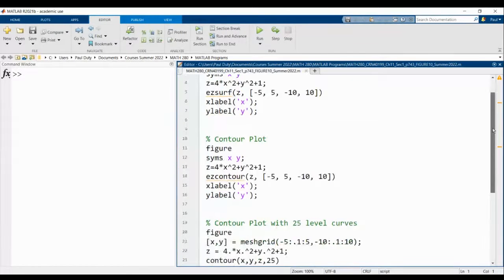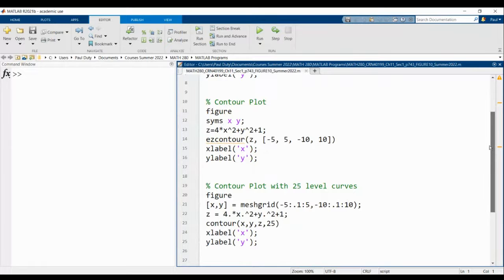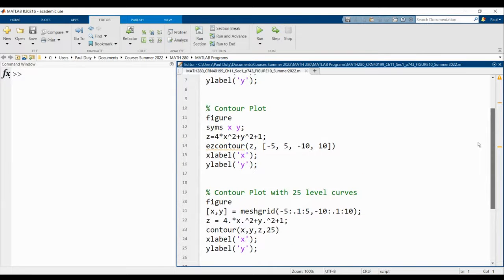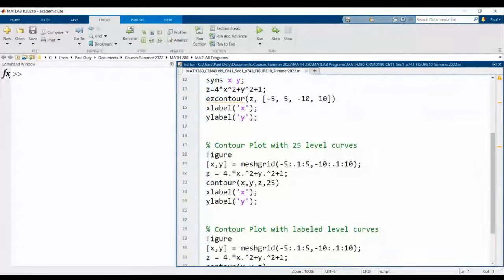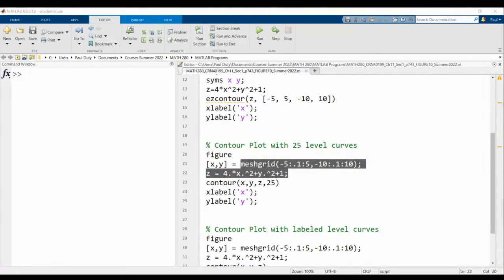I just have different contour plots and different commands. I'll let you look them over, okay? I'm going to make a comment here and here, and I'm constantly going back to make sure.